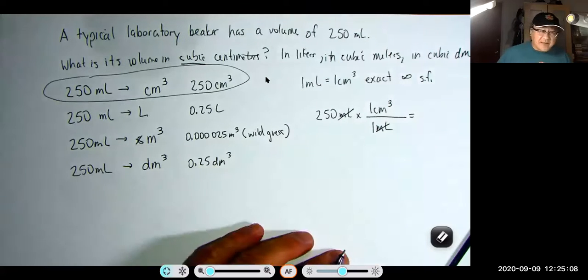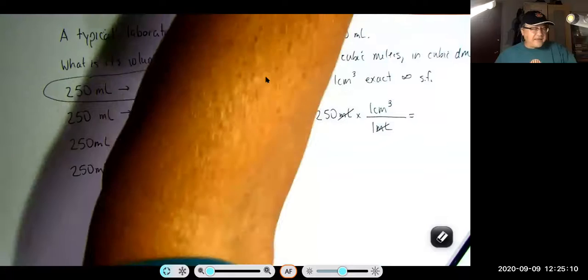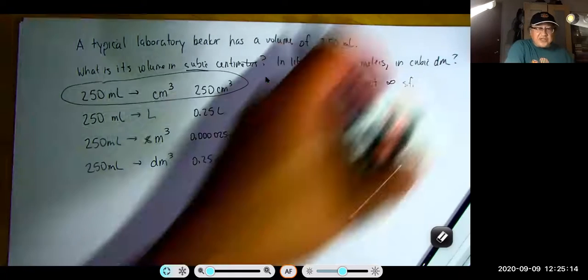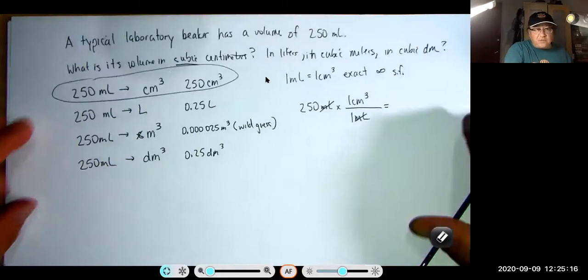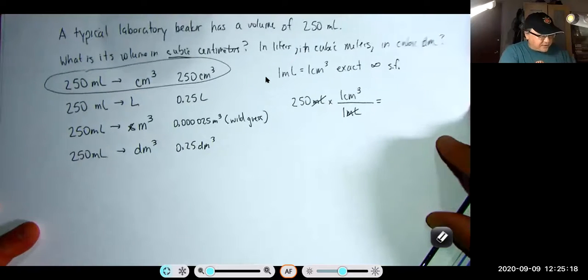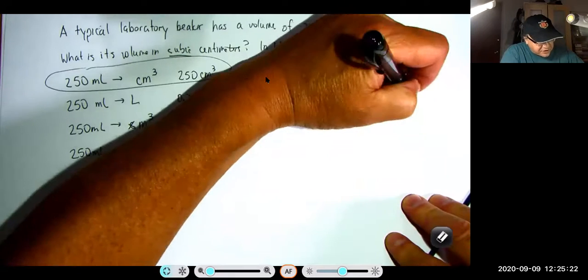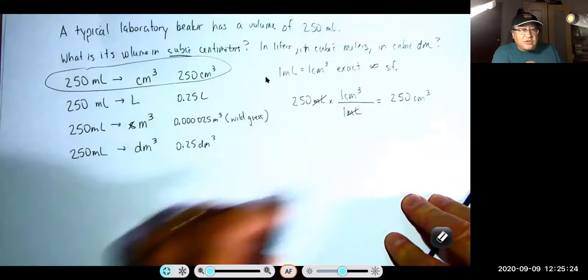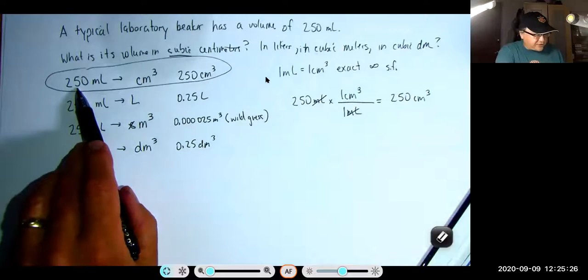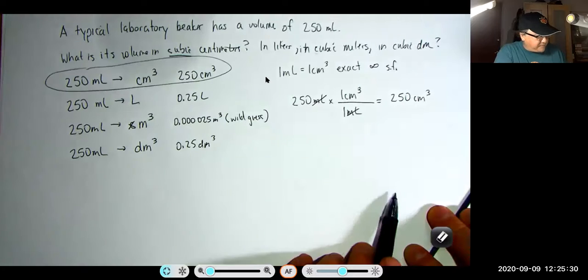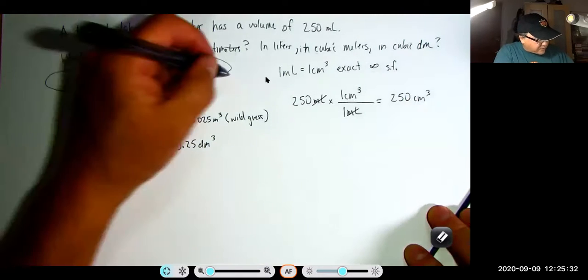If you don't show them canceling, that's also okay. But they must be in the correct orientation. That is, one in the denominator and one in the numerator. And so we get 250 centimeters cubed. And this original number has 2 significant figures, as does the one in our conversion. Okay, so this would be how we do the first one.